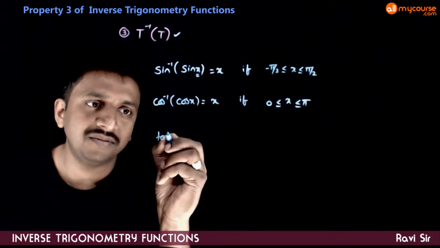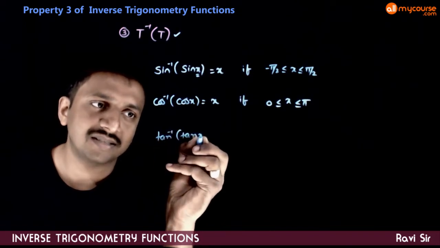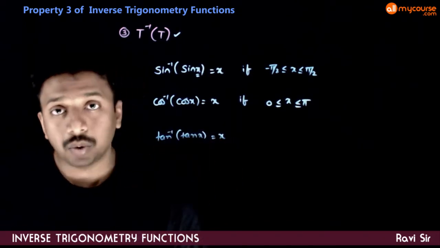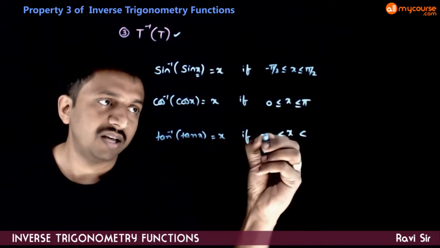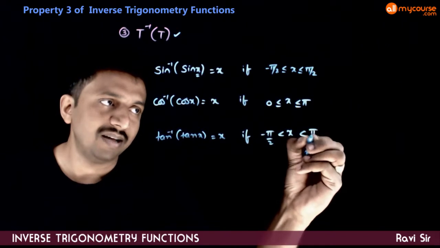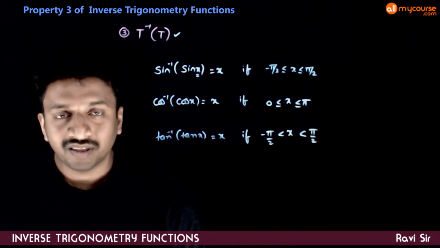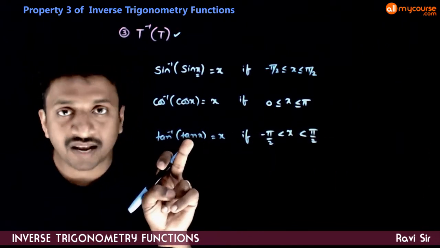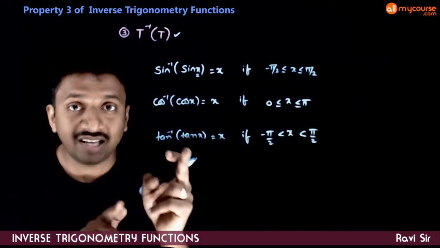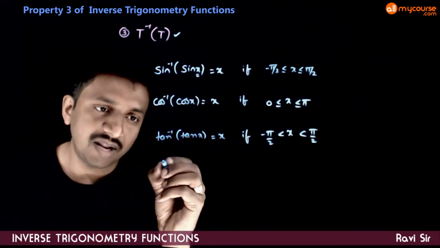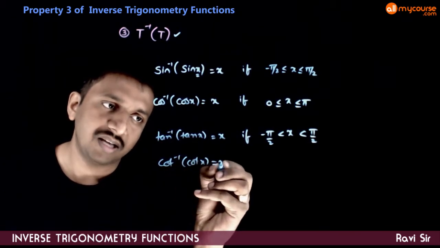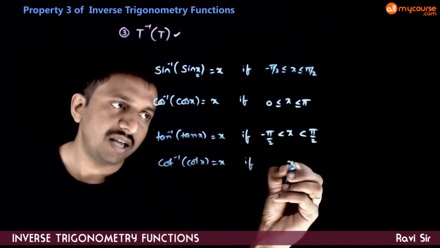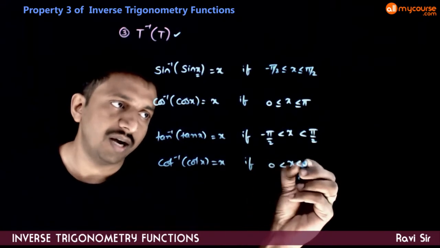Similarly, tan inverse of tan x is again equal to x if x is in between minus pi by 2 and plus pi by 2. That is, within the restricted domain of tan or within the restricted range of tan inverse. Similarly, cot inverse of cot x is equal to x if x lies between 0 and pi.